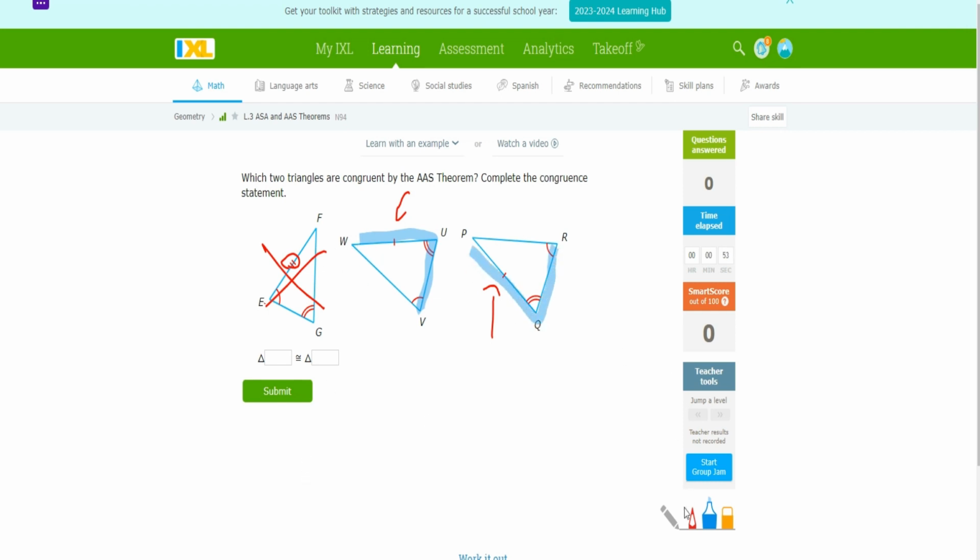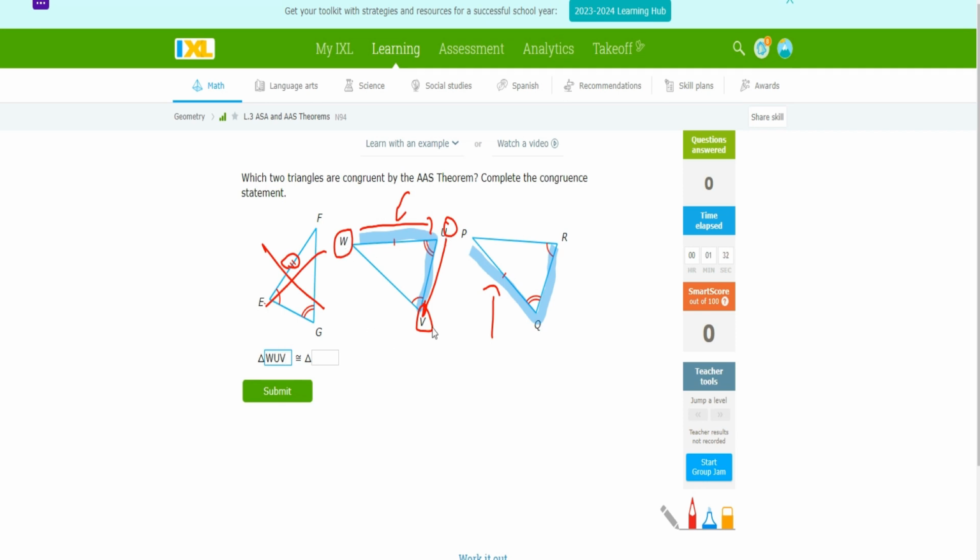Let me call this triangle WUV, and then I need to follow that same path for this triangle. I went from W to U, which has a 1 tick mark, and U to V, which has these arcs in this direction.